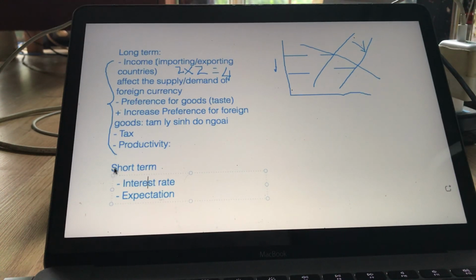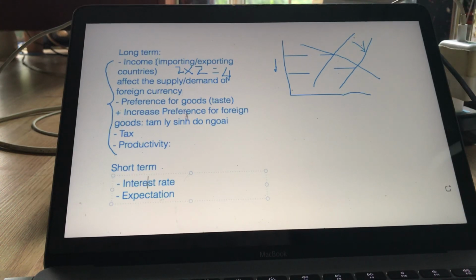I think you just do the long-term determinants for me. In class, I will explain the short-term ones because they are a bit more difficult than the long-term determinants. Is your homework clear?